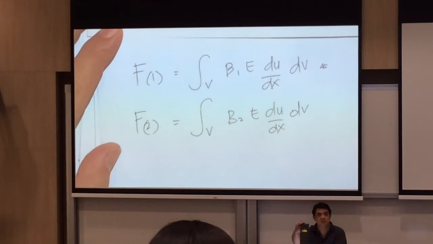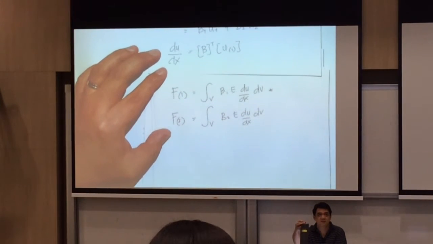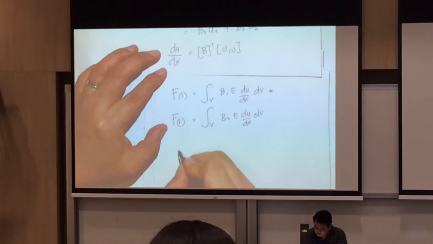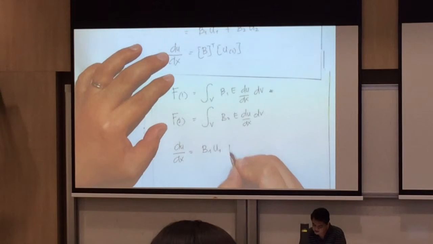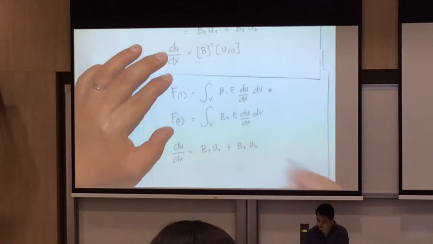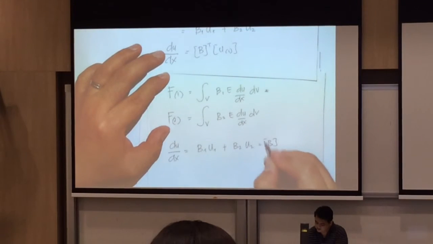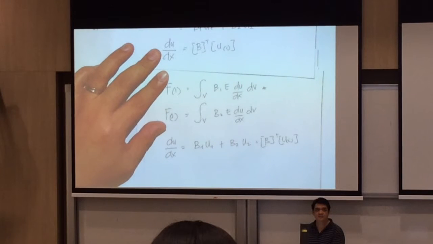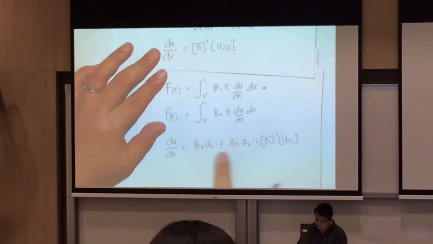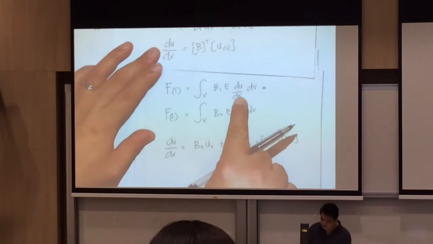But we know that du dx is equal to B1 U1 plus B2 U2. Or you can write this one as B transpose UI. So substitute there.